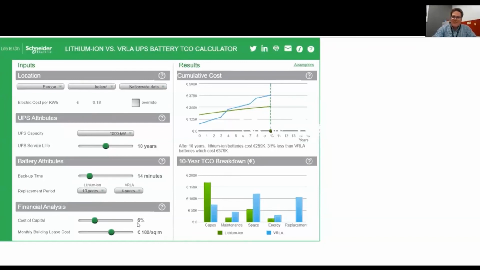By them putting in these assumptions, it generates a curve that they can use to assess which option has the lowest cost of ownership. So you can see here, based on what I've just randomly put in, the blue line shows the total cost of ownership of the lead acid, whereas the green line shows the total cost of ownership of the lithium ion.